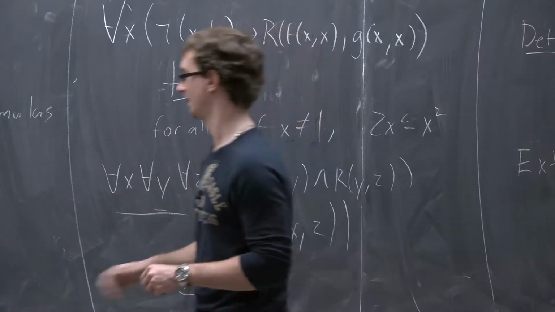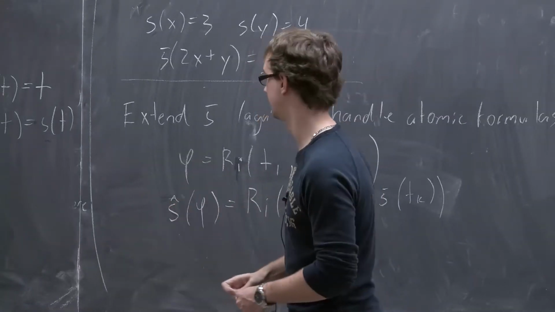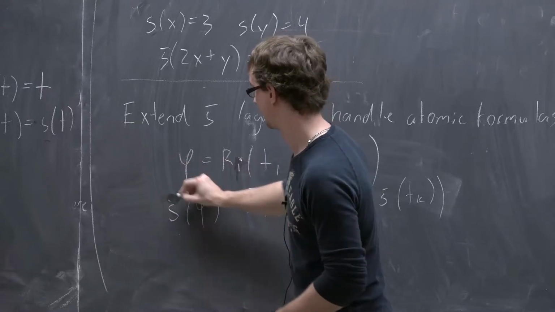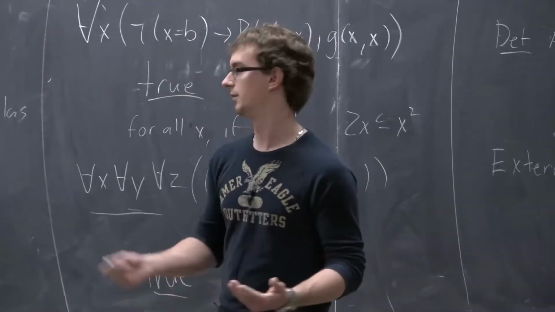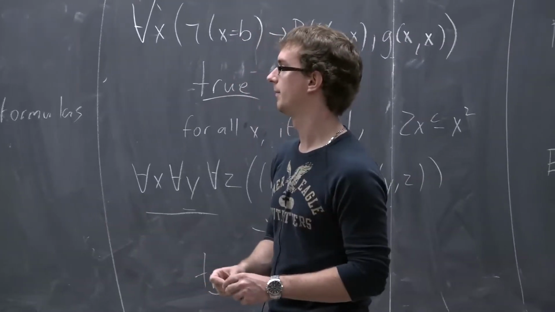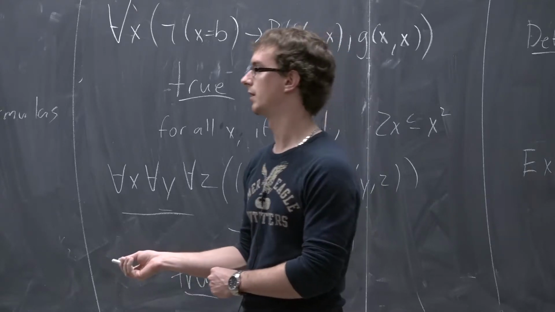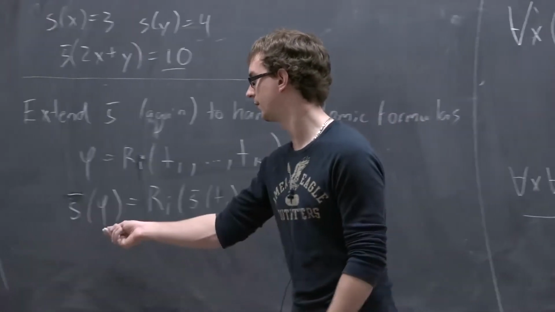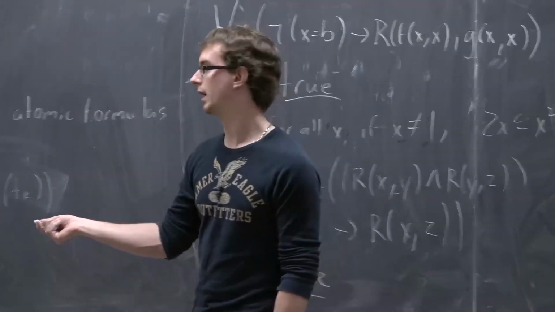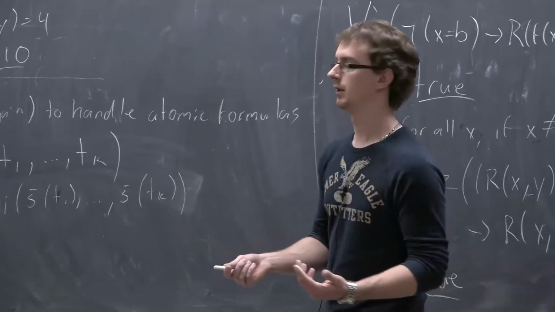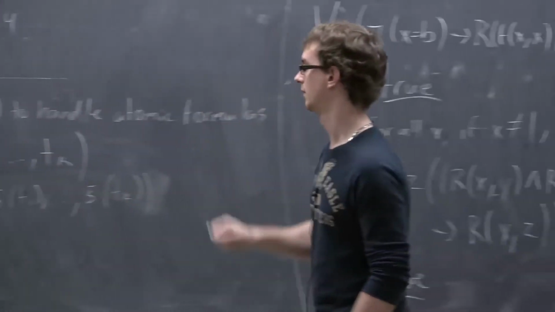We could call this S hat or S tilde, but I don't see any purpose in that. We'll just keep reusing the same S bar, and it should be clear from the context what it's returning. If it's taking an atomic formula, it returns true or false. If it's taking a term, it returns something in our universe. Okay?